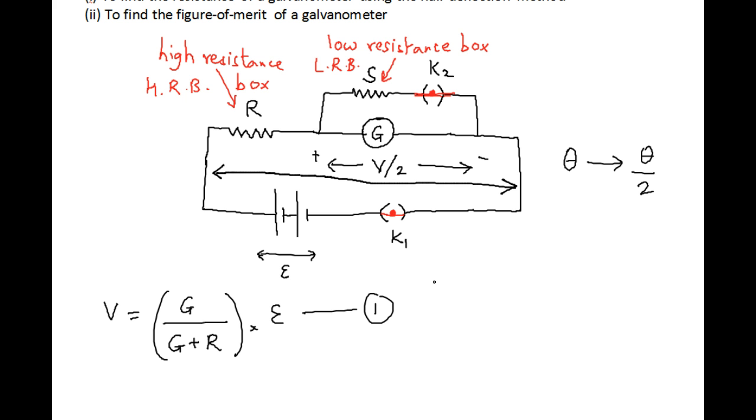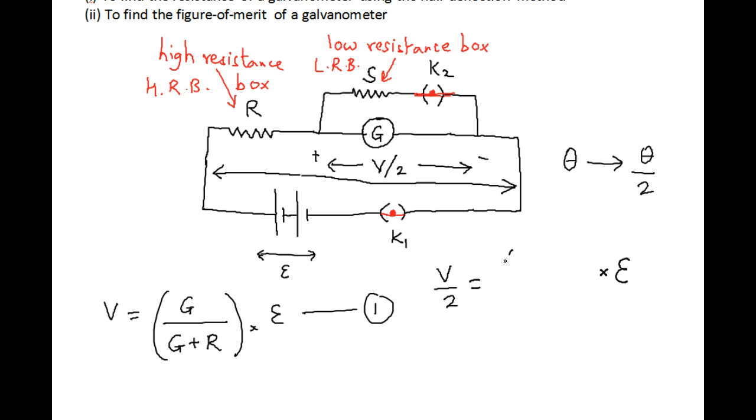So by the potential divider formula, the potential difference across this part of the circuit is equal to the total voltage, which is still E, because we have assumed an ideal battery.